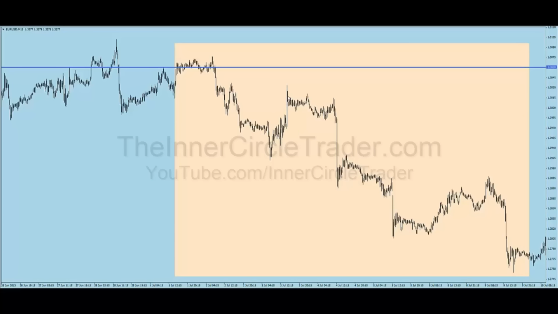How many times have you done that? Look at this, man, it's rallying up. I better chase it. Let me buy this because it's probably going to go through these levels here. It's probably going to keep on going, and maybe we'll see 130, 150, or whatever else the guy in the forums or on the internet was talking about, because their cool little indicator said so. It has nothing to do with any of that.